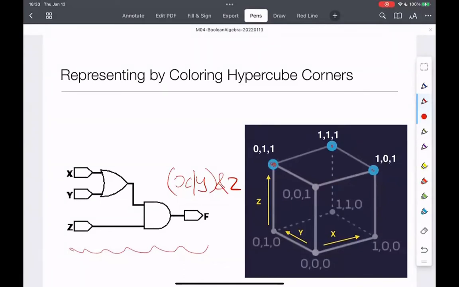So let me ask, can someone think of, in whatever programming language of your choice, a data structure where I can store the colored hypercube for a Boolean function? How might you do it?